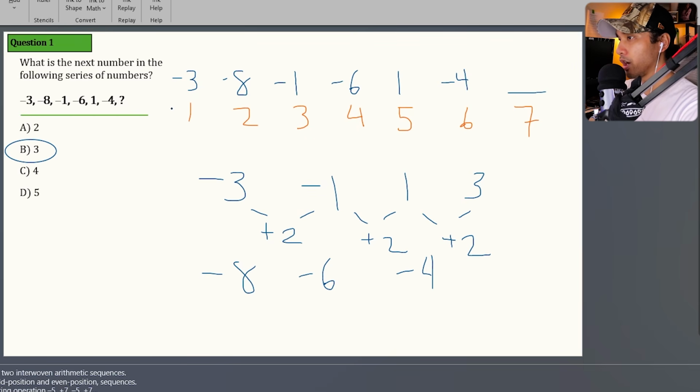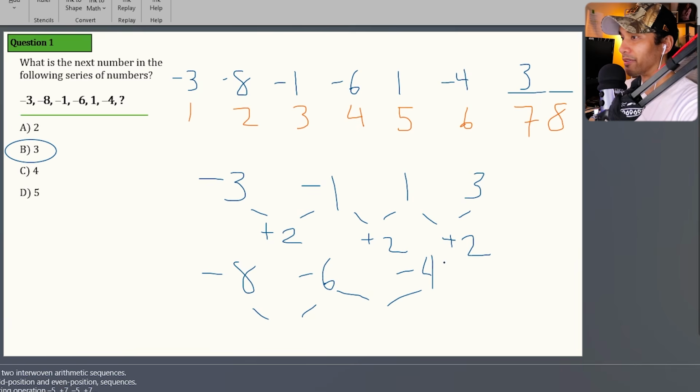In this series, this is 1, this is 3, this is 5, and this 3 is the 7th. So 3 is our next number. We don't even have to work this out. But if we want to find the 8th number in the series, then we would work this pattern out.